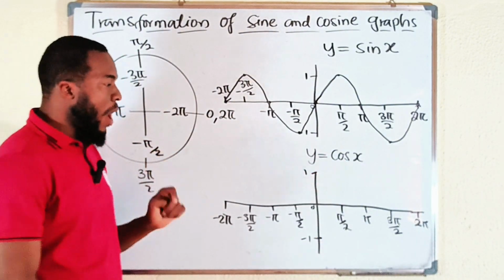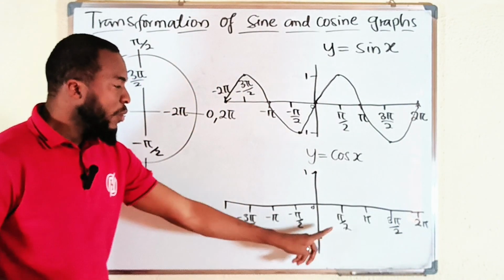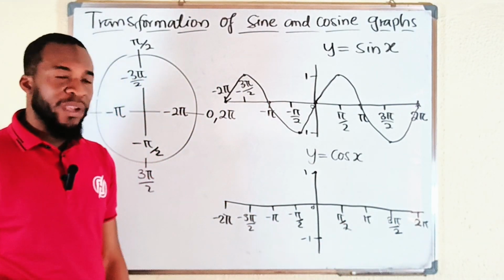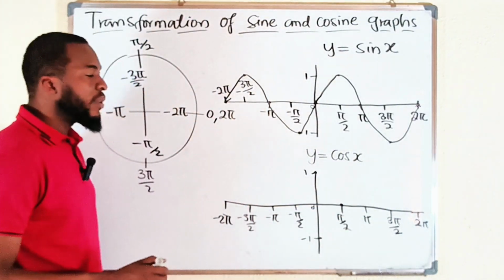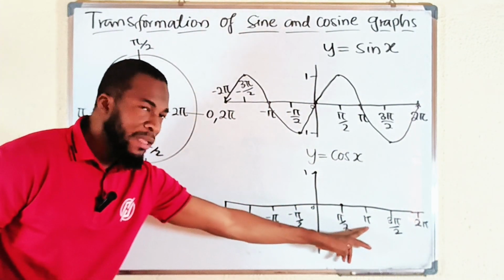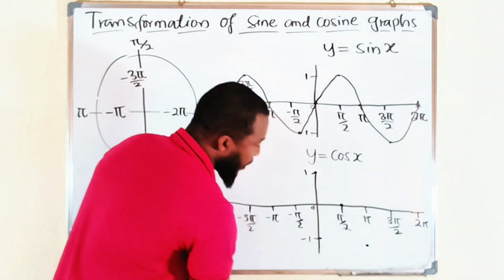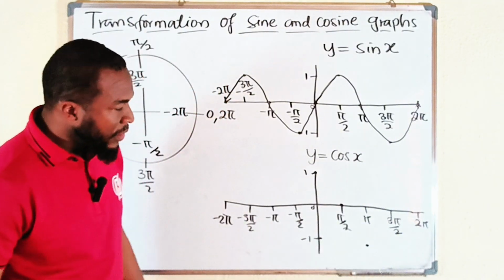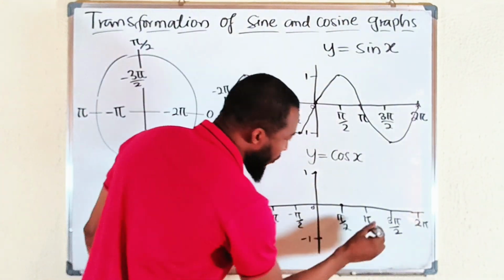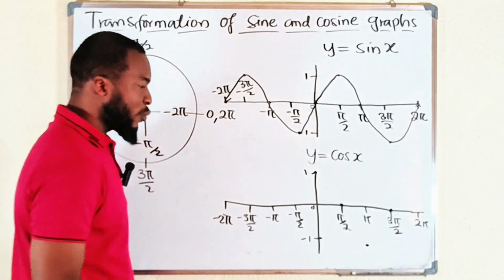Cosine of 0 is 1, so we have our point at the maximum. Cosine of pi divided by 2 is 0. Cosine of pi is negative 1. Cosine of 3 pi over 2 is 0. And cosine of 2 pi is 1.